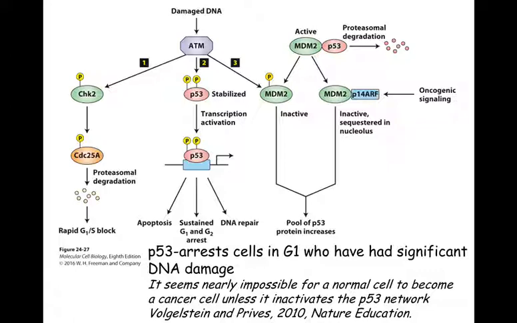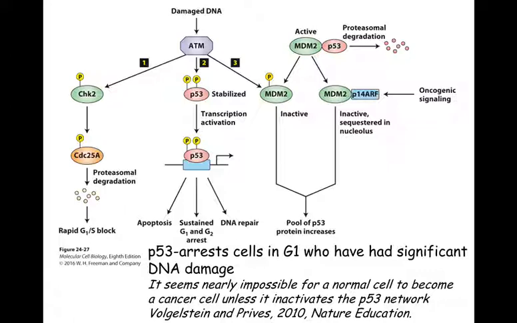And P53 is another one of those super common oncogenes. And how it is involved in cancer is, in one sense, pretty simple, and in another sense, more complex.